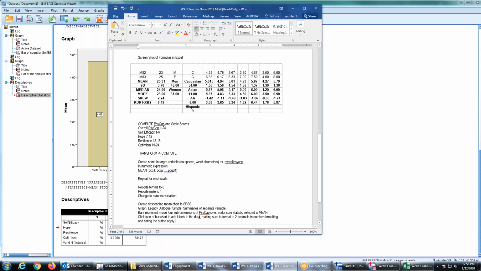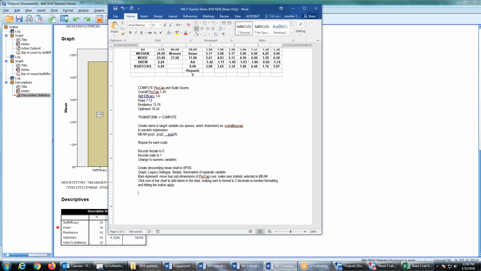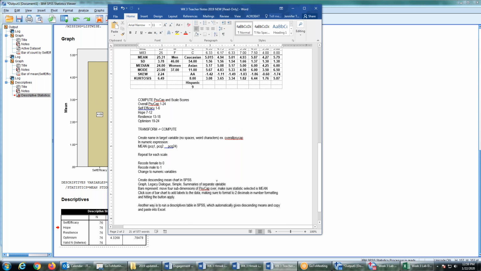Okay, let me put that in the teacher notes. Run a descriptives table in SPSS, which automatically gives descending means, and copy and paste into Excel. But I'm going to move this up to, actually, I'll copy it.